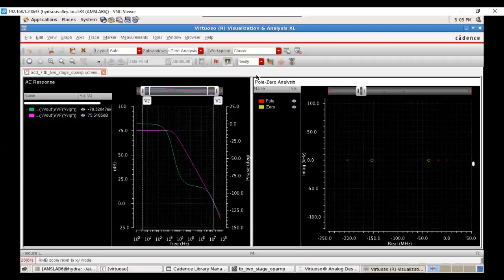You said you consider the poles and zeros that are multiples of 5 times the unity gain. Those poles and zeros are more or less out of range, right? So still we consider them to be a little concern as far as design issues. Yeah, I see.